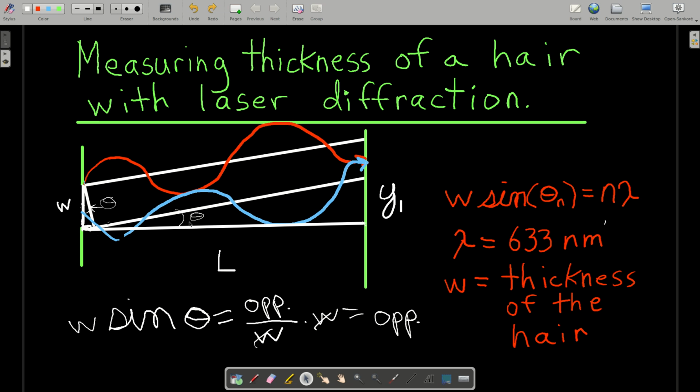So now if we look at this triangle right here, we can say this.